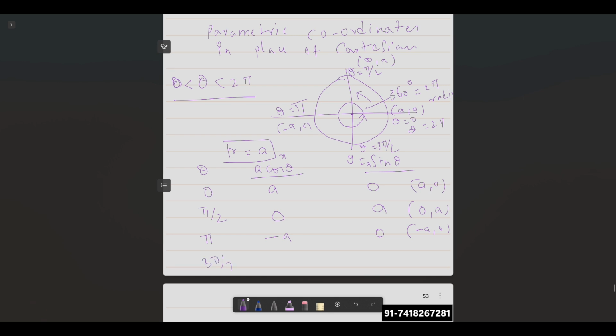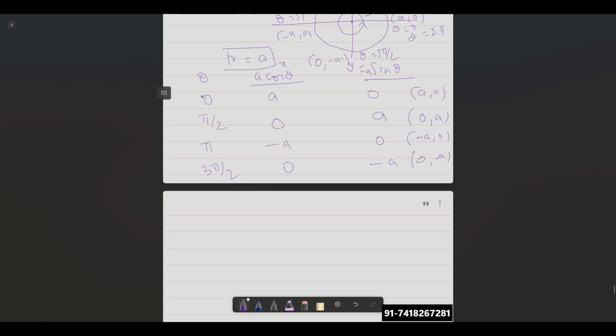At 3 pi by 2, it becomes 0 comma minus a, so the y coordinate is minus a. Again, if you come back to 2 pi, which is equal to 0, it becomes a comma 0.